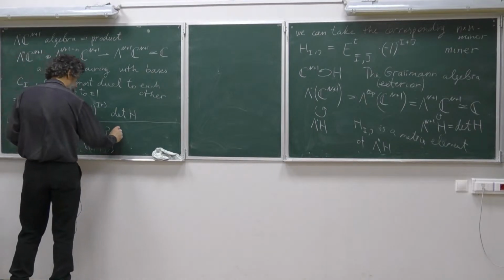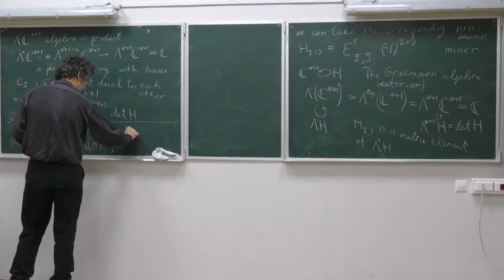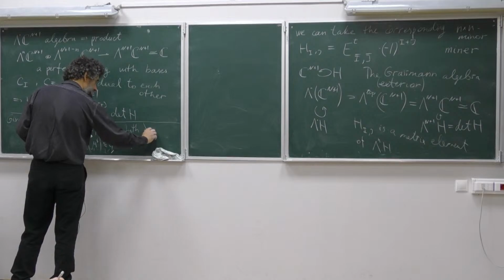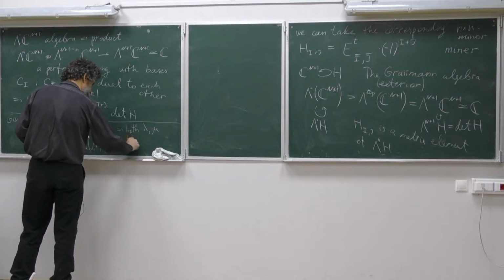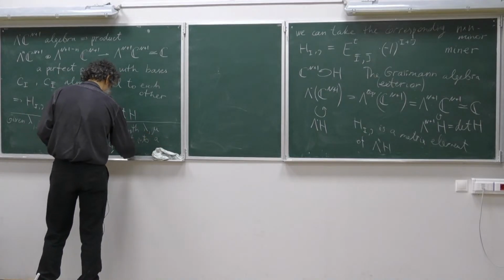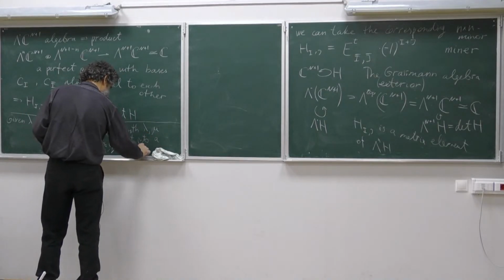It means that both lambda and mu fit into a p times q box.